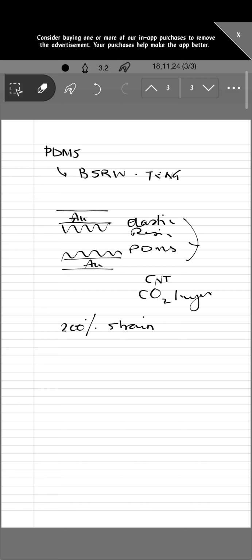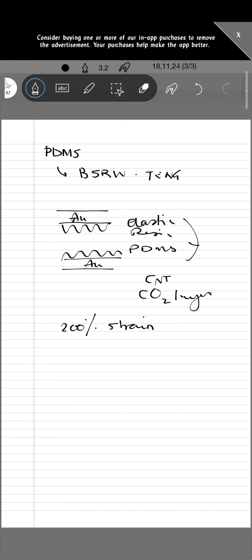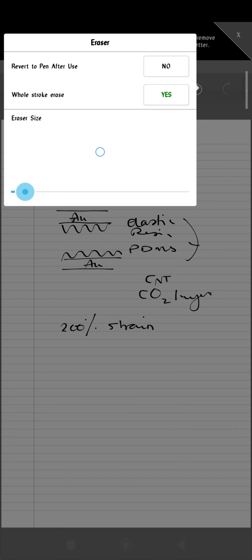Even if they are facing these sorts of changes, the sensing property of these sensors remains the same, or is not that much affected.